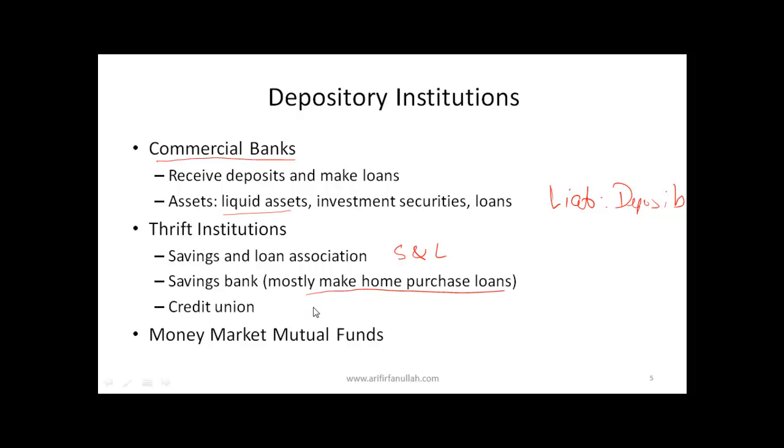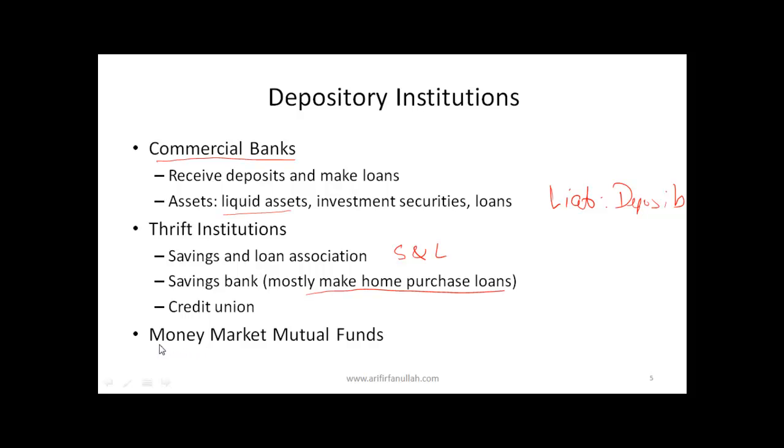And then credit unions are also like banks, but a credit union is a sort of bank that only caters to a particular population. So in the city of Detroit, you might have a credit union for employees of General Motors. So the credit union would be serving a given community but offering banking services. So essentially they are all like banks.